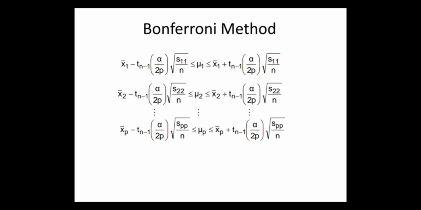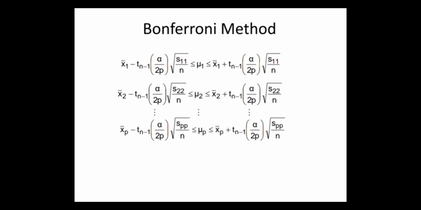So the interval for the Bonferroni method is shorter, smaller, so we can say that it is more precise, because its confidence interval is narrower. So it is more precise than the simultaneous T-square interval. Because of that, most researchers usually use the Bonferroni method to calculate the simultaneous confidence interval.